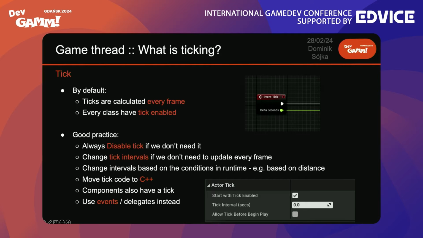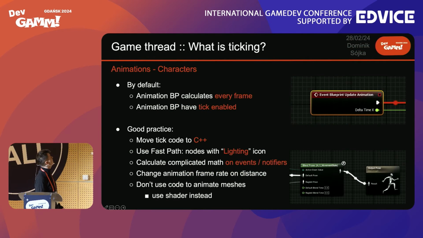For example, if you have an AI that is walking far away from the player, and maybe it's not even visible, you could change the interval, so update those AI only in some periods of time. And of course, based on the architecture of your game, you could use events and delegates instead of a tick. It depends on the project, but that's the best way of dealing with some of the calculations that could be expensive for your project.